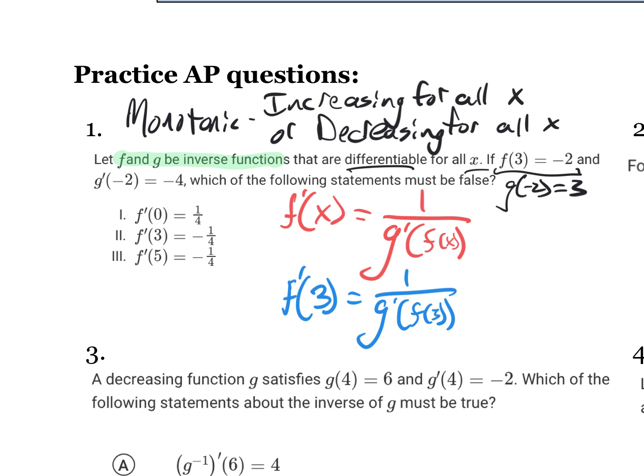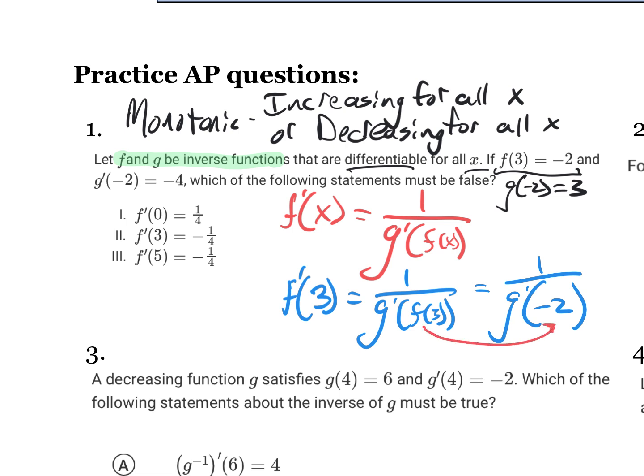It's f prime of 3. I don't know what f prime of 3 is. I wasn't told that. But I do know what f of 3 is. f of 3 is negative 2. So I can rewrite this as 1 over the derivative of g evaluated at negative 2, because f of 3 is negative 2.